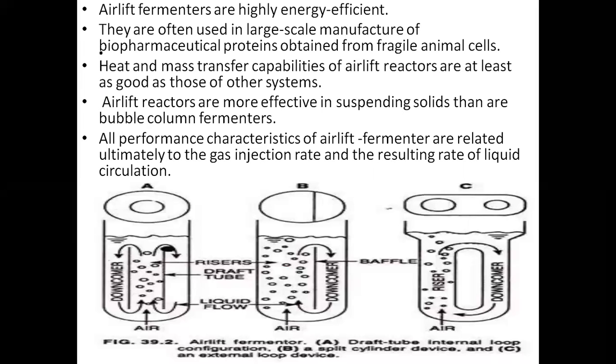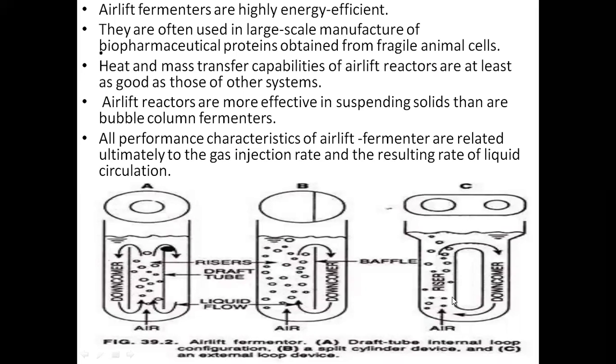So basically you can see three different configurations of the airlift fermenters. The first is this one, where the draft tube is the internal loop configuration. The next is the split cylinder device, where the cylinder is divided, one portion is getting sparged and the other is separated, and this portion becomes the downcomer.